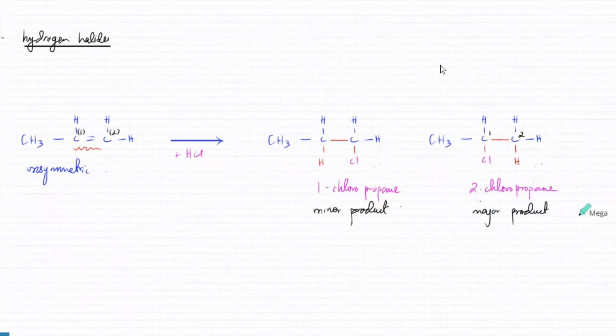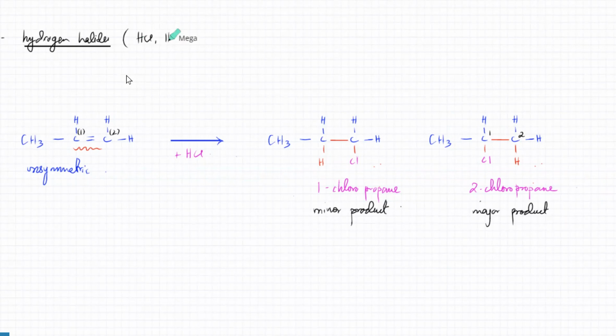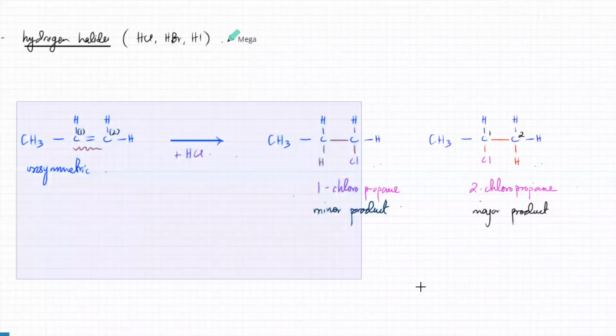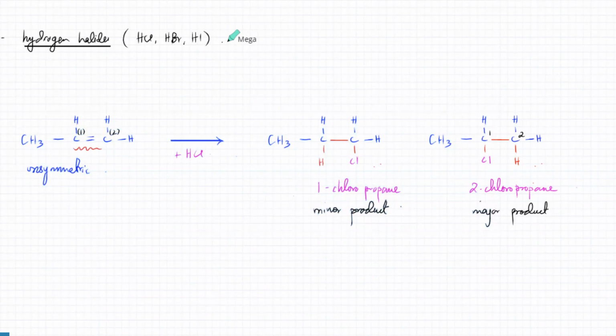Is this clear? Yes, Hamza. Our teacher told us about this rule in a different way. He said that the major product would be the second degree product. What I'm doing right now is making things a lot easier at the moment.